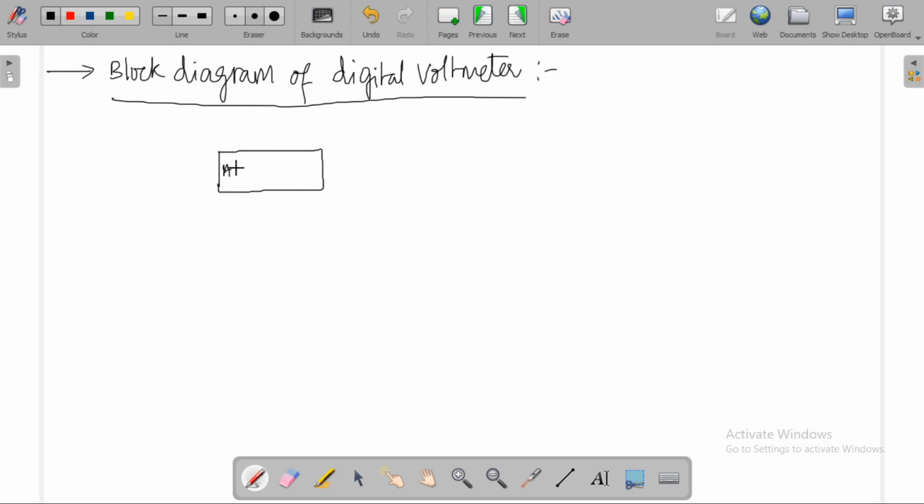This is attenuator. The voltage to be measured is given to this attenuator. Input voltage is given to this attenuator.